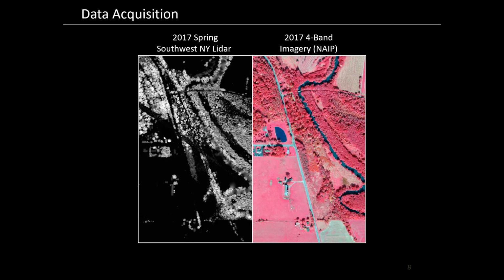Some of the surrounding states and counties like Pennsylvania and Ohio had very limited current LiDAR data and elevation data. I think Pennsylvania and Ohio both were looking at 2006, 2007 elevation data. So luckily New York has a pretty good current LiDAR program. The 4-band imagery, like I said, is sourced from the National Agricultural Imagery Program.